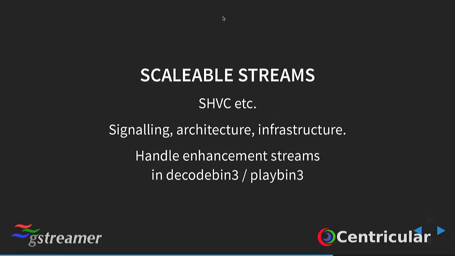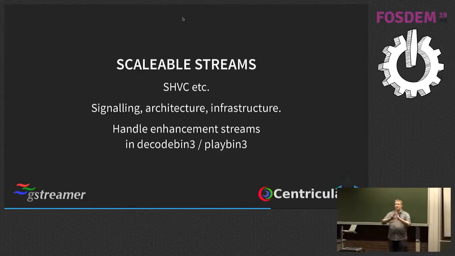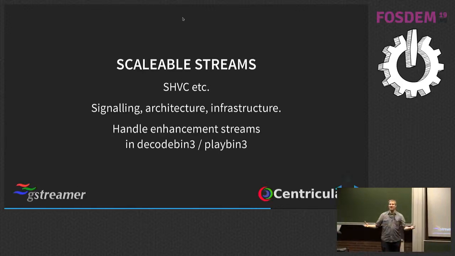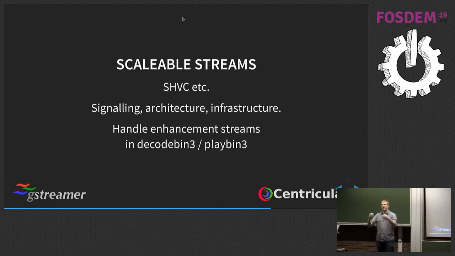Scalable streams is also a big topic. Scalable streams basically means you have some kind of base layer that you can decode individually. And then you can have extra streams, and they provide more features. For example, you could have one stream encoded in full HD resolution, and if you want to go up to 4K, you have the second stream. And instead of having a second stream that is encoded individually as 4K, you just encode the difference.